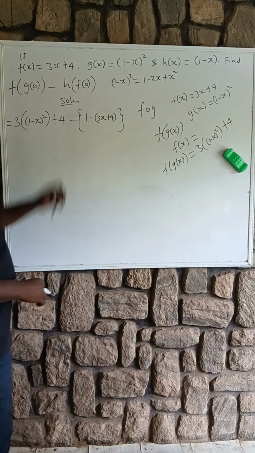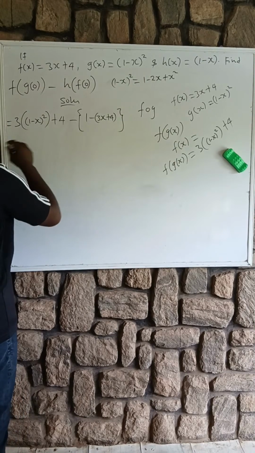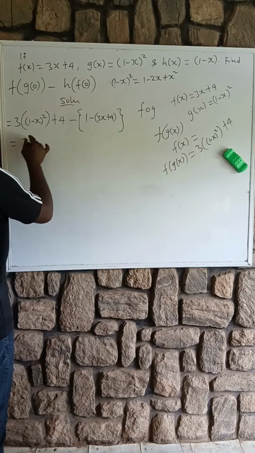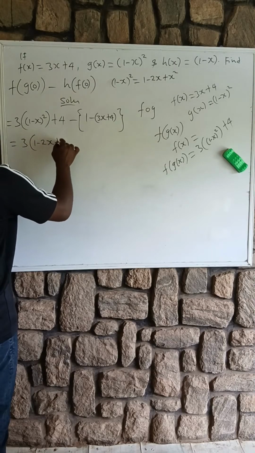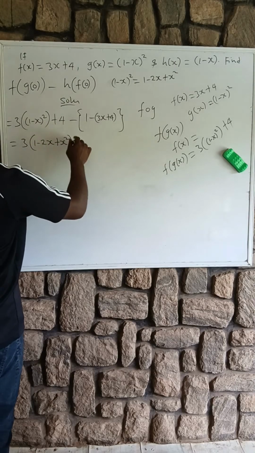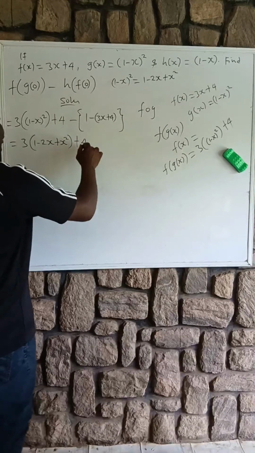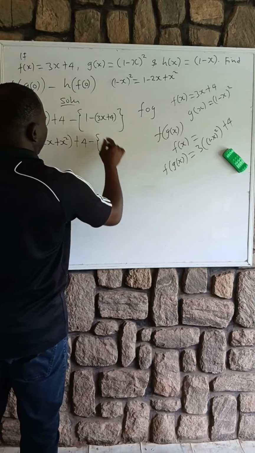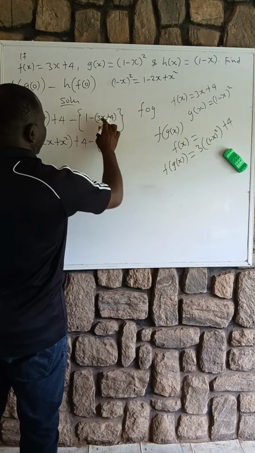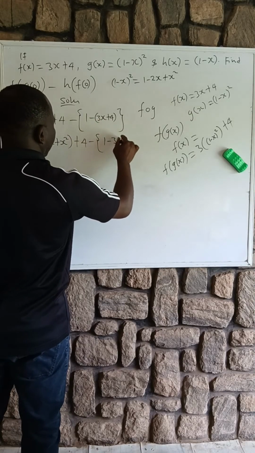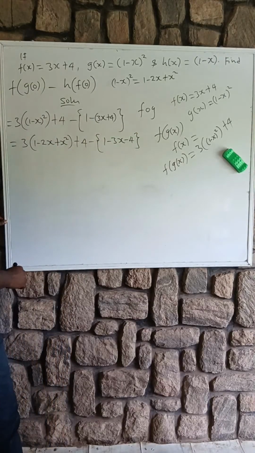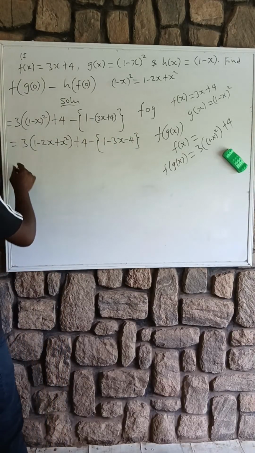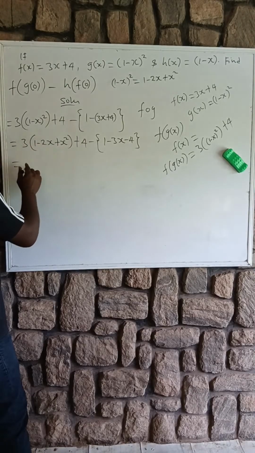If you open this bracket, this is what we are going to have: 3 open bracket 1 minus 2x plus x squared, then plus 4, then minus, 1 times this minus 3x minus 4. True or false?